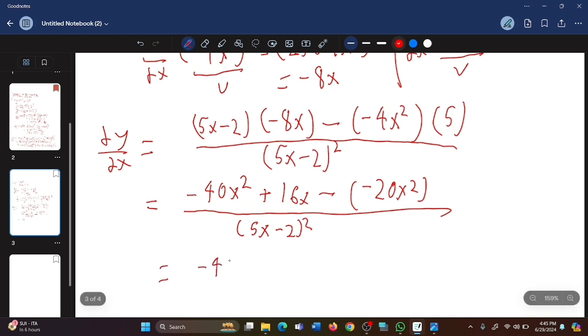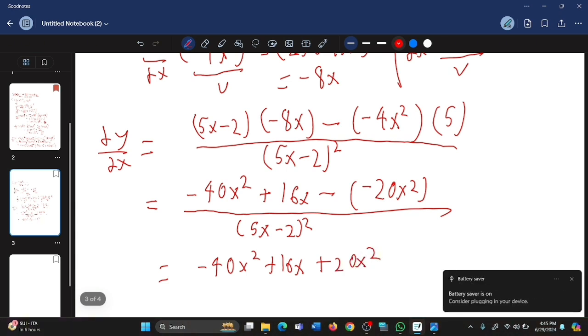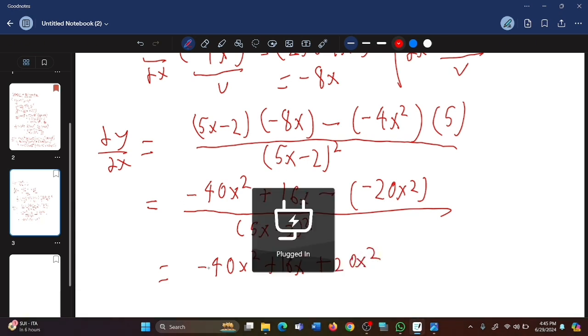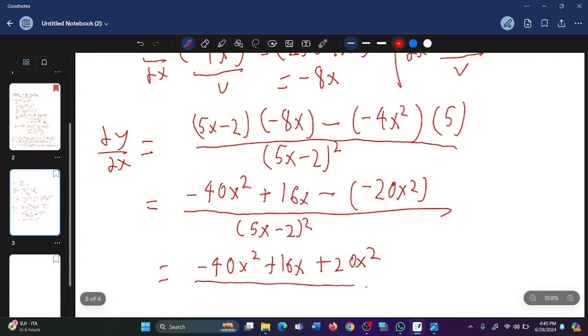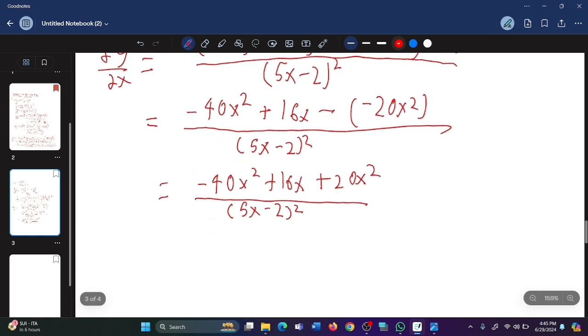Minus 40x squared plus 16x, minus and minus combine to become plus 20x squared, divided by 5x minus 2 whole squared. Finally, we do minus 40 plus 20, which becomes minus 20x squared, plus 16x, over 5x minus 2 whole squared. So this is the dy by dx.